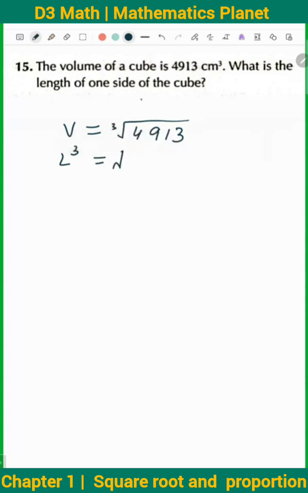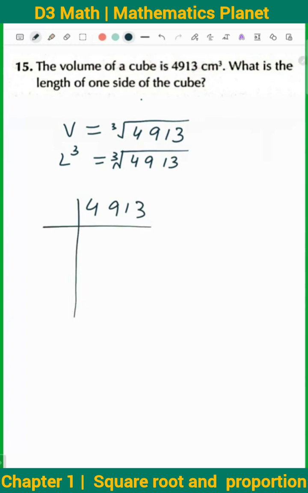We need to do the prime factorization and find the cube root, right? Okay. With which number can we start? 17. 289 is coming and then we'll divide with 17 again.